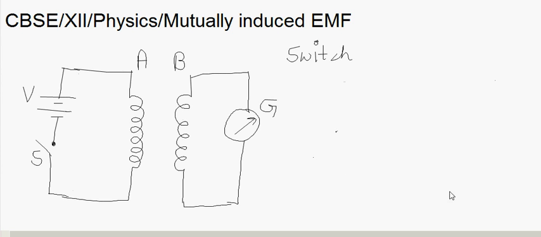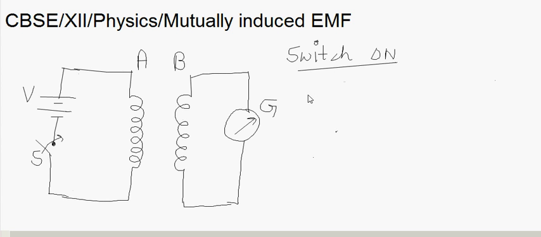A current starts flowing in coil A, right? The switch is closed, and now a current starts building up in coil A.